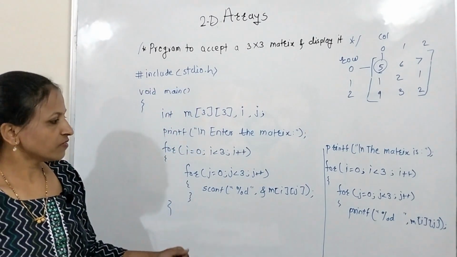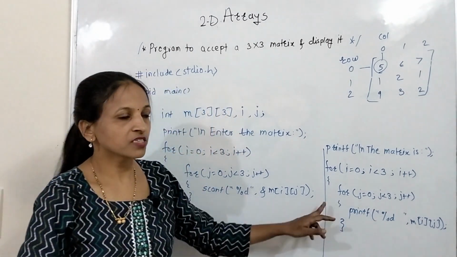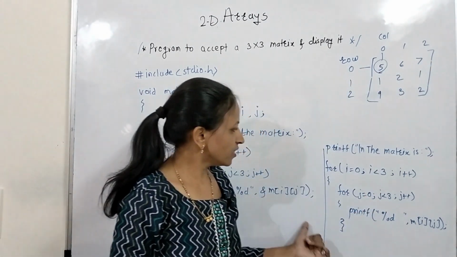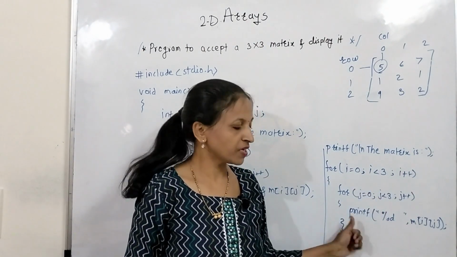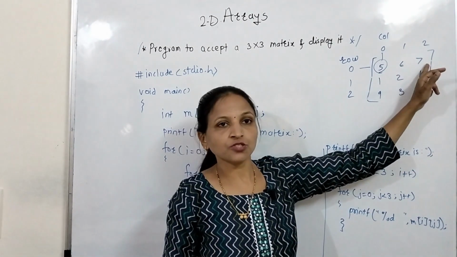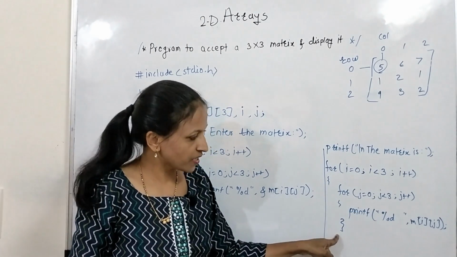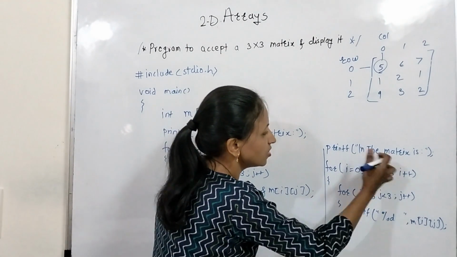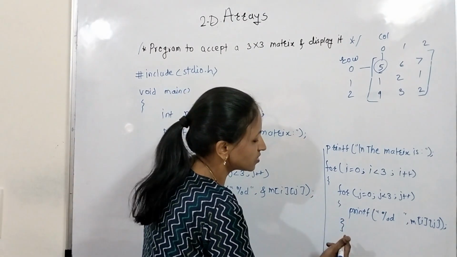In this way this inner loop will display the first row, then it will change the value of i and display the second row. After displaying all the 3 elements of the first row, the cursor should move to a new line. That's why after this, for the next iteration of i, we have to move the cursor to the new line.